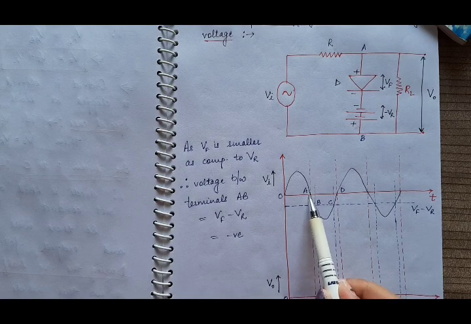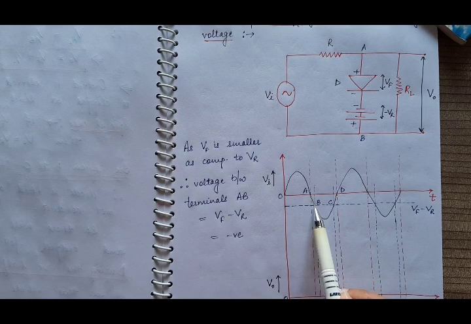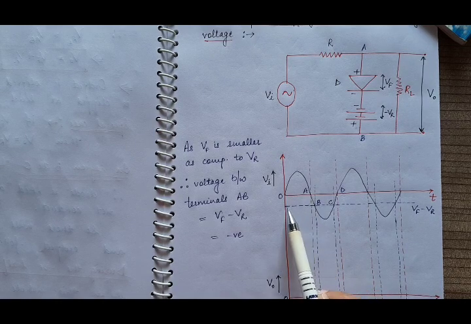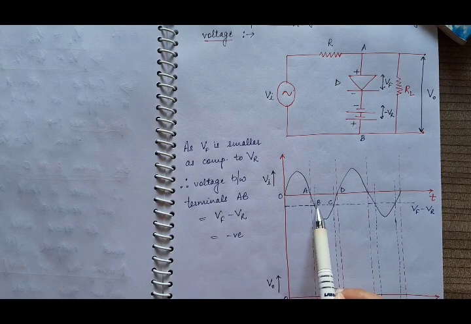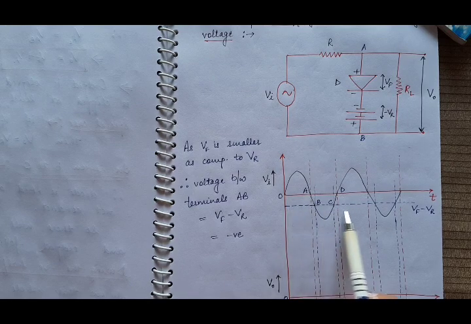Now first, in region AB, you can clearly see that Vi is negative, but Vf minus Vr is more negative. Vi is less negative than Vf minus Vr. So who will dominate? Vr will dominate over Vi, because Vi is less negative than Vf minus Vr.